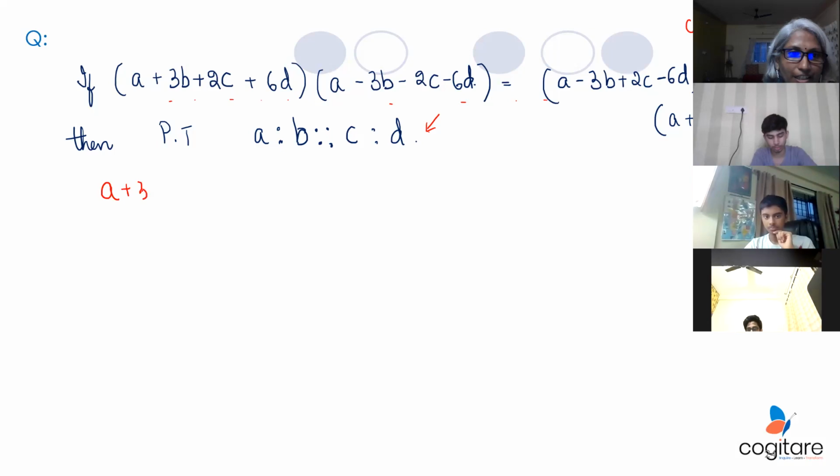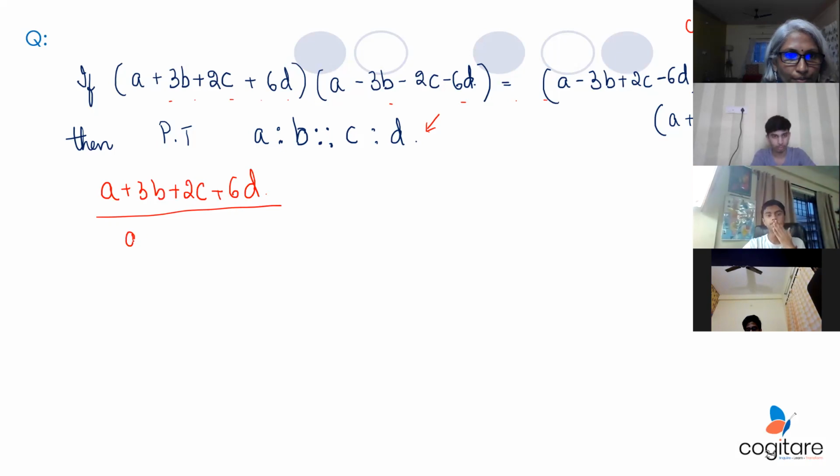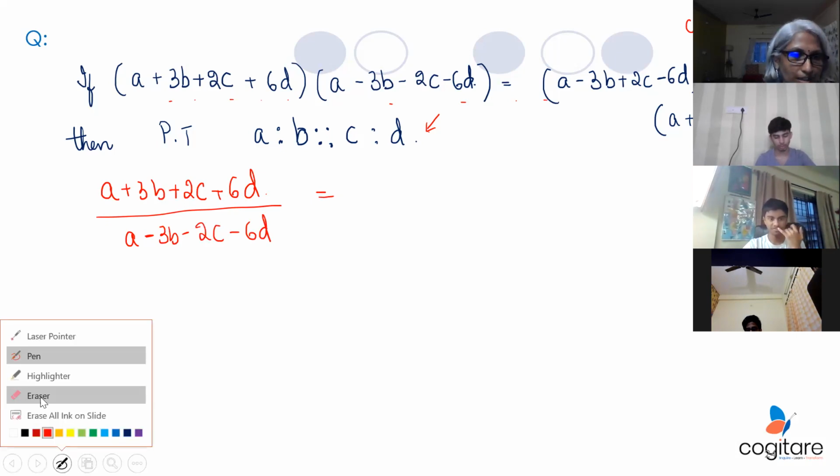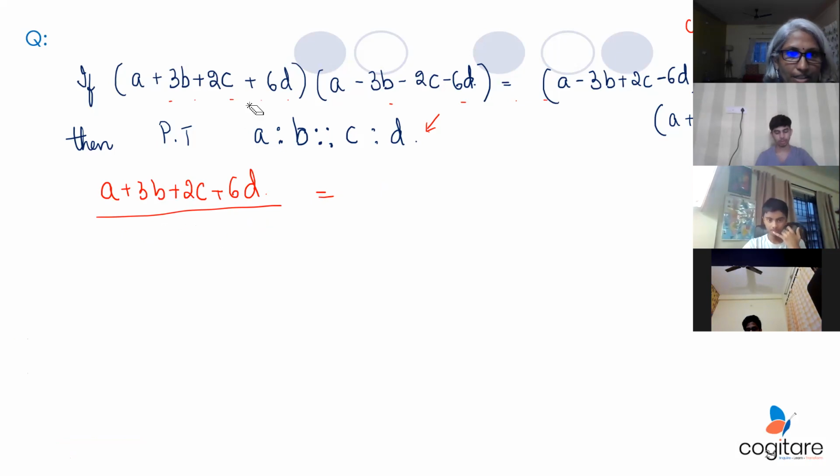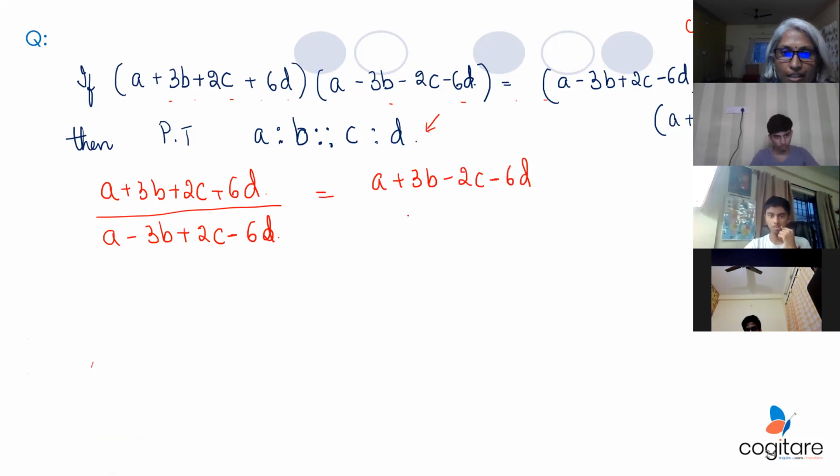So the first idea that you should get is, observe, I will rewrite this in the ratio form. Guys, tell me if I made a mistake. This into this is equal to this into this, means this will come down. (A minus 3B plus 2C minus 6D) upon (A plus 3B minus 2C minus 6D), I'm just getting one term. I've cross multiplied. Do you all understand what I did?